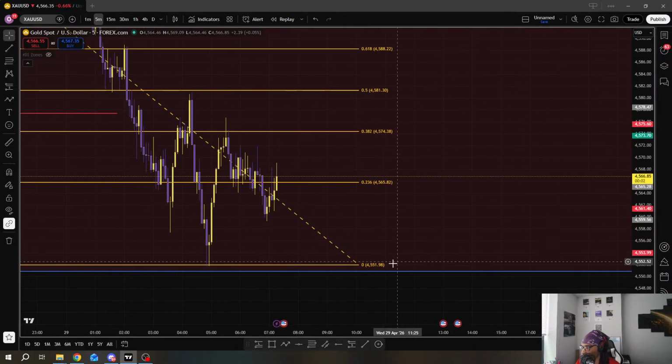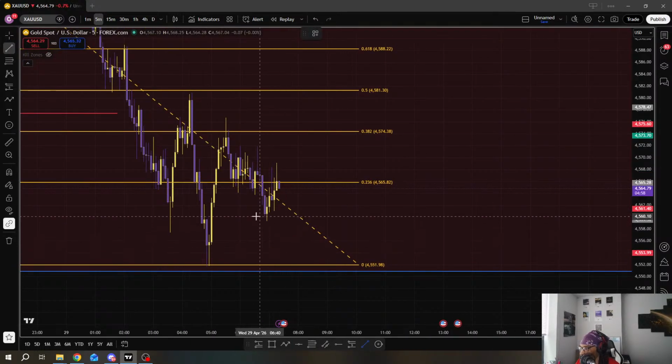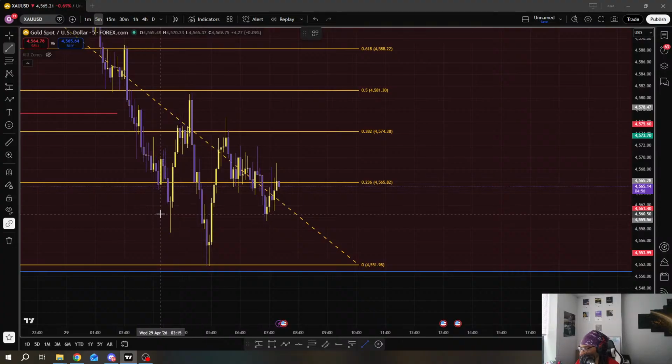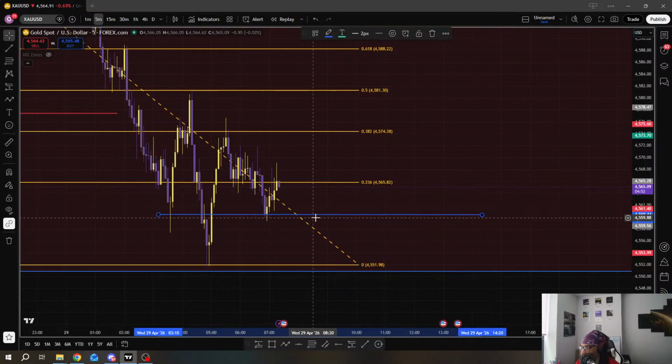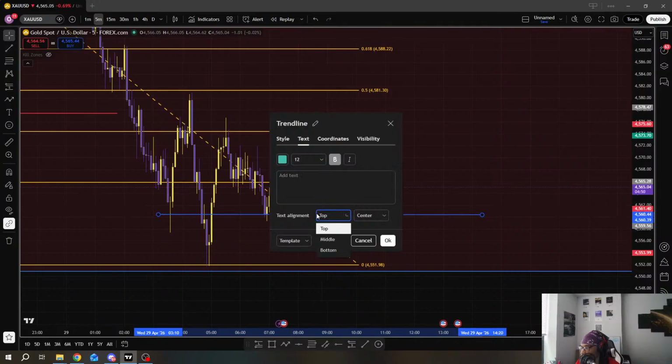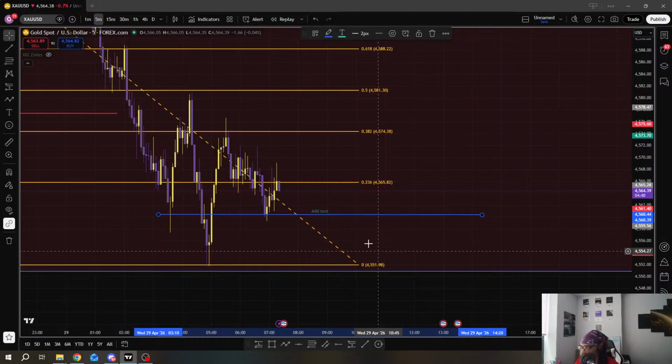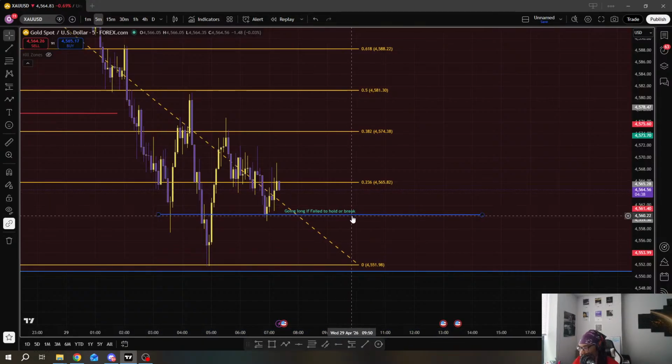All right, so my entry zone. If price comes back down here, and we fail to hold, I'm going long. Okay, going long there.